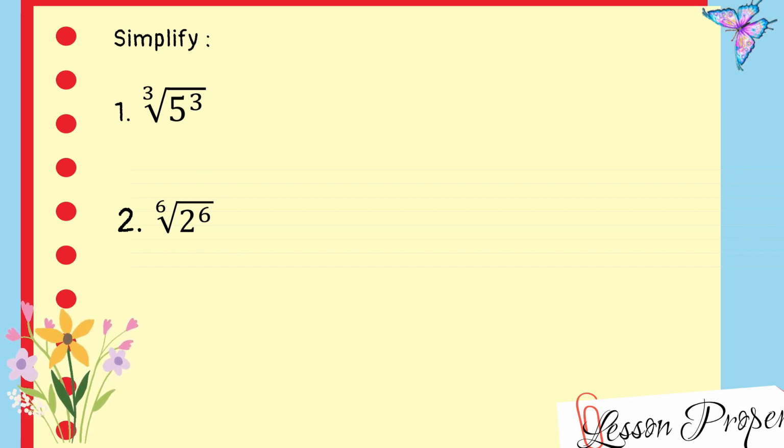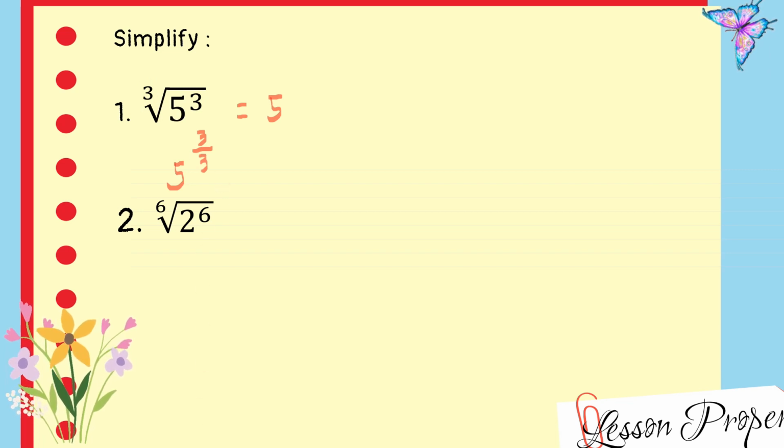By the first law, since the exponent and the index are the same, the answer would be equal to 5. Why? Remember, when we write the given in an expression with rational exponent, the cube root of 5 raised to 3 can be written as 5 raised to the exponent 3 all over the index 3.